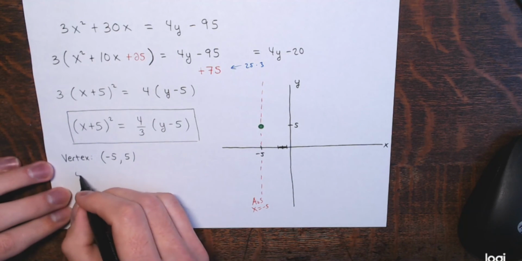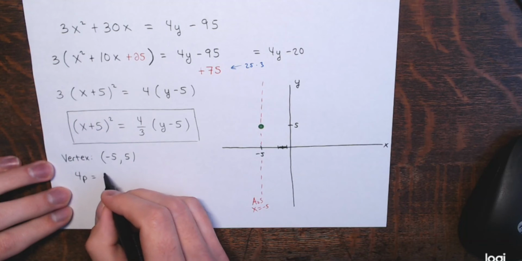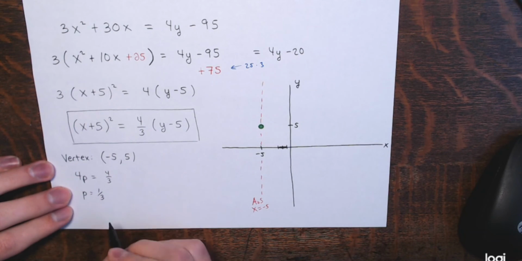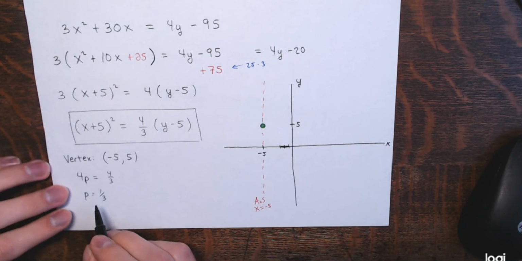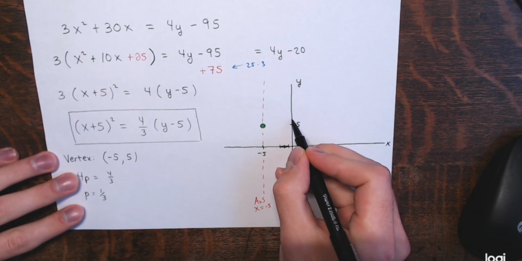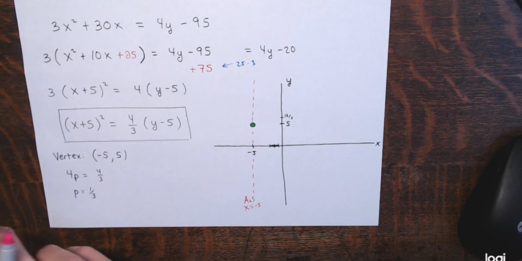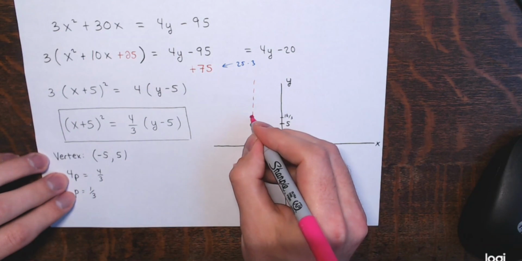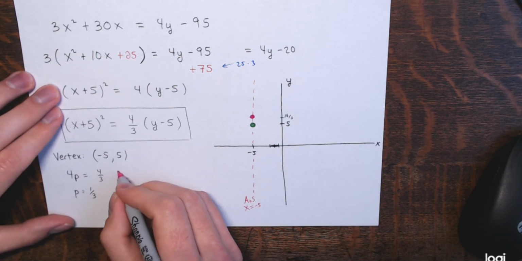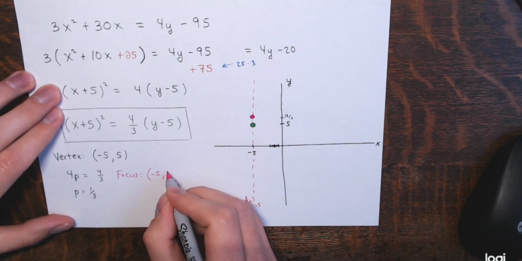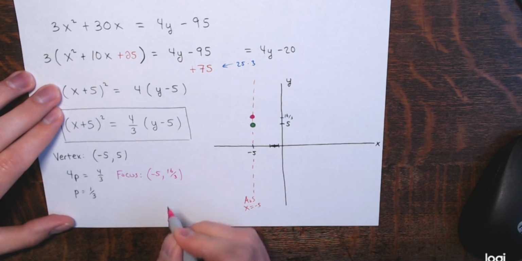The value of 4p is 4/3, so the value of p is 1/3, and that's positive. So the focus is 1/3 of a unit above this vertex. The focus is at the point negative 5 comma 16/3, that's 1/3 above 5.